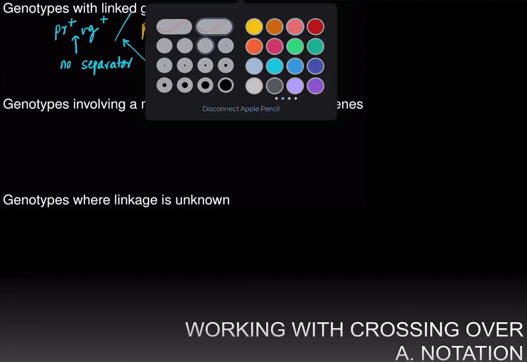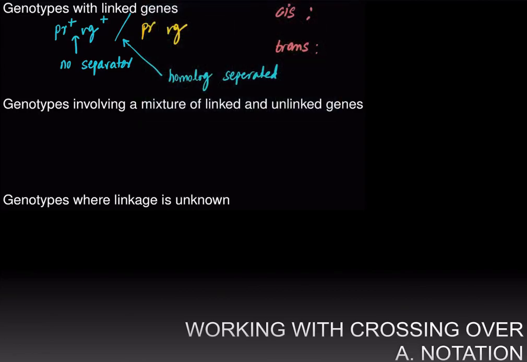So if two wild type alleles occur together, or if two dominant alleles occur together, or two mutant alleles occur together, or two recessive alleles occur together, that's called a cis conformation.